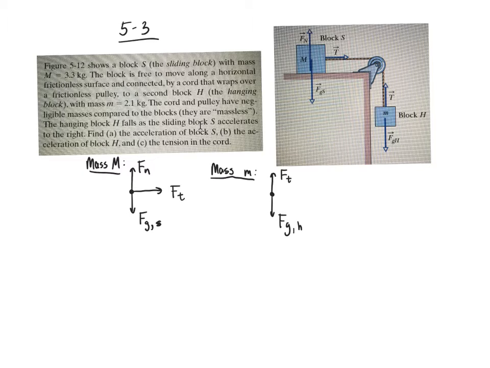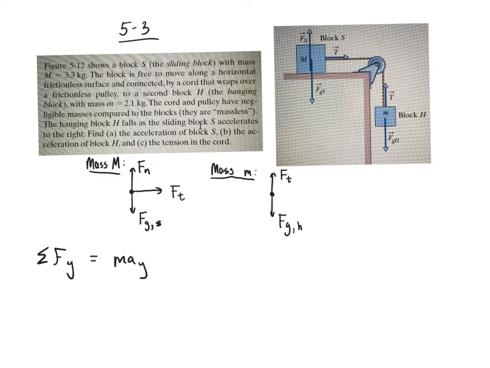That's the nice part about Newton's laws and dynamics, whereas with kinematics, we had many choices to make. The problem could have changed each time. No, there's one governing formula. And then from there, we're going to replace certain things. So let's go ahead and start writing those governing formulas. So for mass M, the sum of the forces in the y direction equals MA in the y direction.